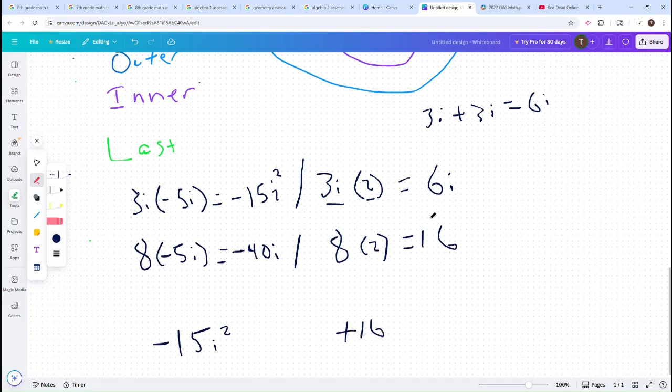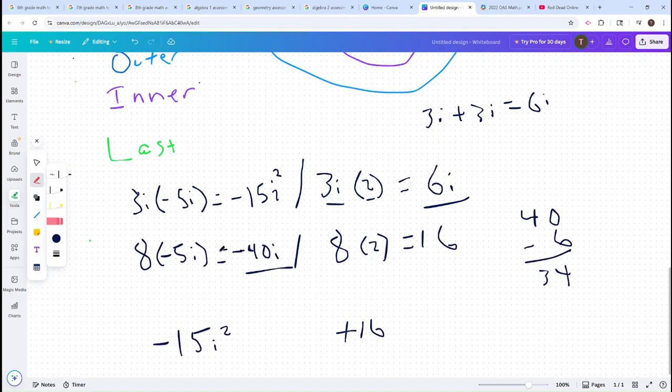But these two can be combined, like we did in the addition and subtraction up at the beginning. They both have i terms, and we're adding and subtracting here. So we're going to add 6 and negative 40. Now, the difference between 40 and 6 is 34. But that's if you put the negative sign on the 6.